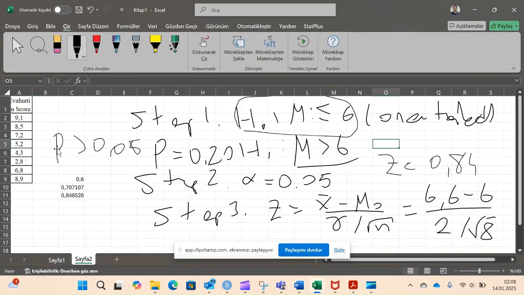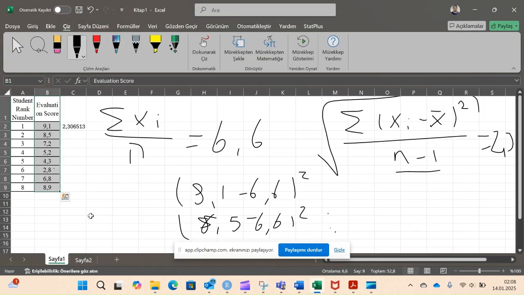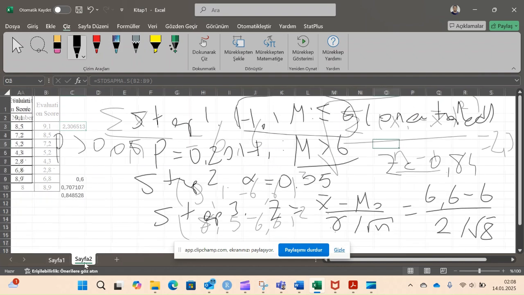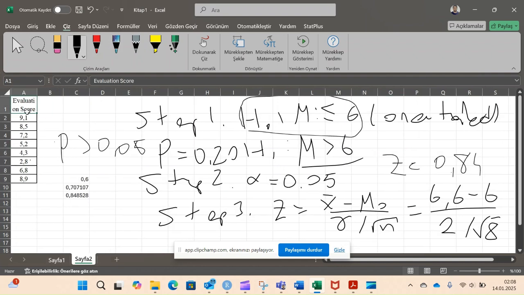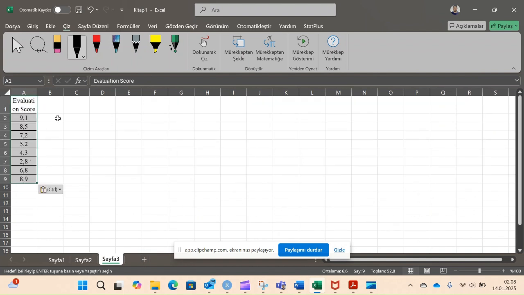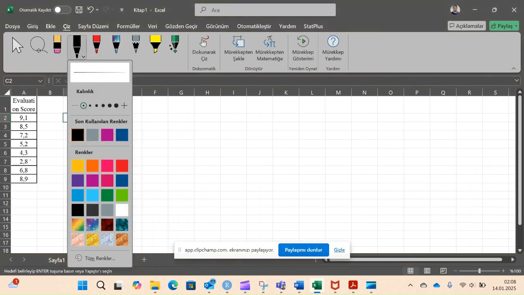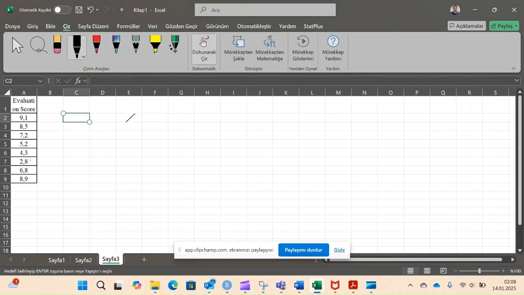Here again, we calculated the sample standard deviation, which is 2.3, and we calculated the mean, which is 6.6. Here we will just take the evaluation score again. The mean is 6.6.